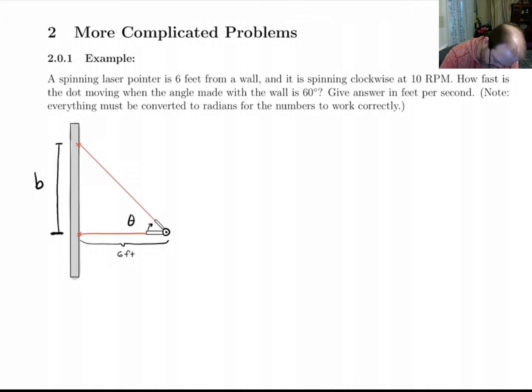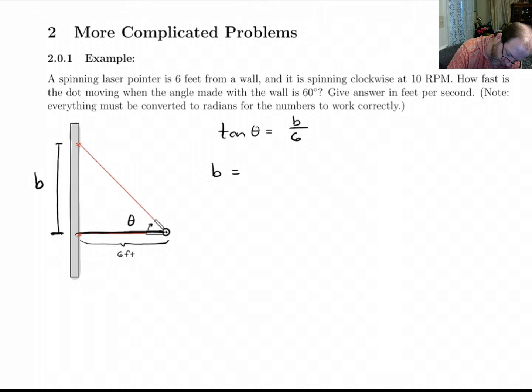So how can we relate theta and b? Well, if you look at this as a right triangle, relative to theta, we've got the opposite and the adjacent side. So what we can say is tan theta is opposite over adjacent, or b equals 6 tan theta.